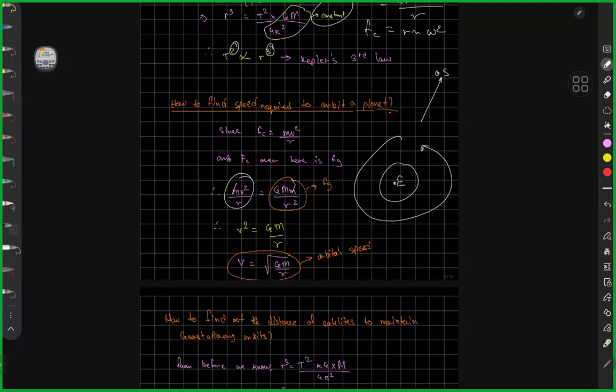And you make v the subject by cancelling r as well. So v square is going to be Gm divided by r. Now you take a root on either side and you're left with root over Gm by r. That looks decent. Now, what do we understand from this equation? This is the orbital velocity.